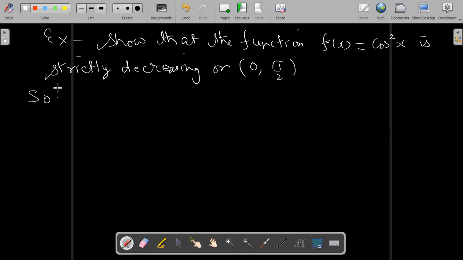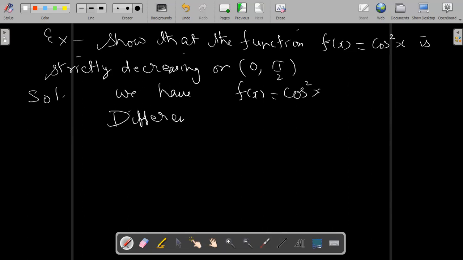Okay. So we have fx is equal to cos square x. We have to check the derivative, so differentiate both sides with respect to x.